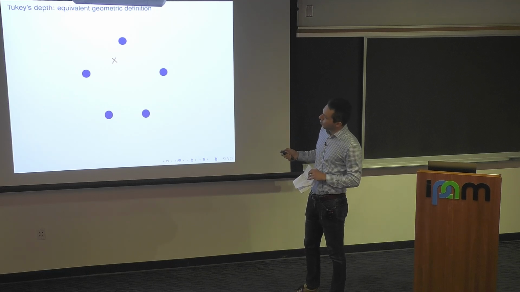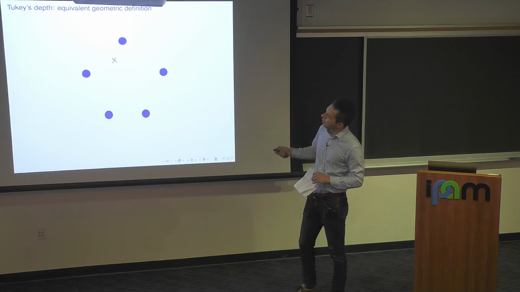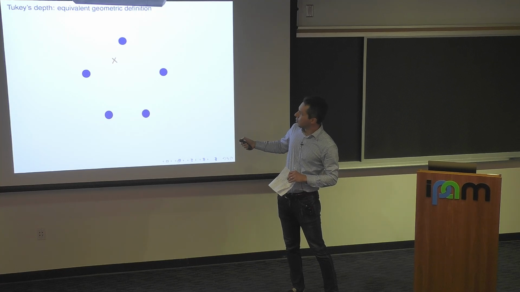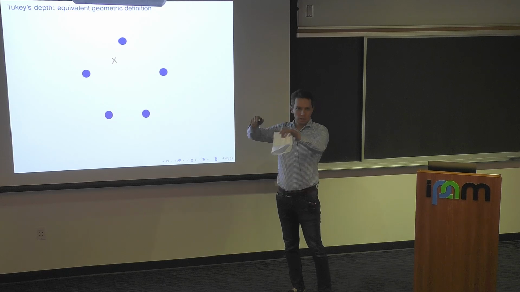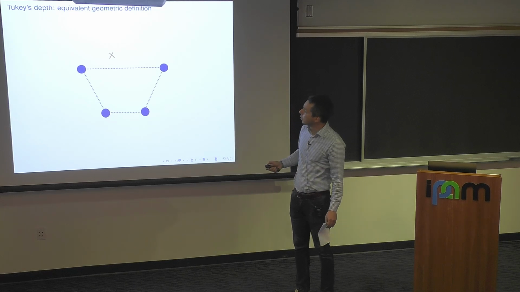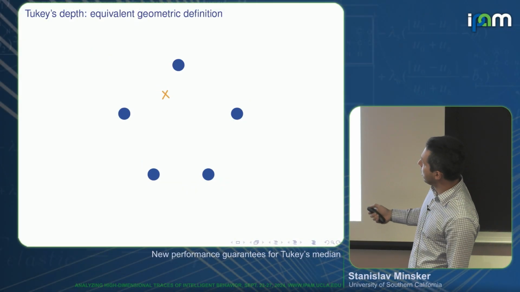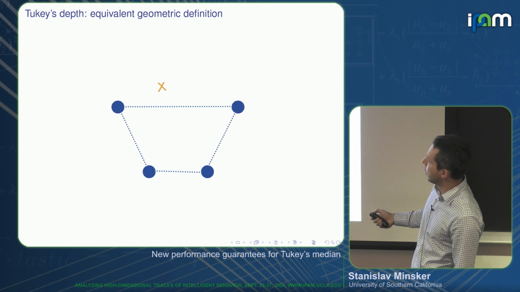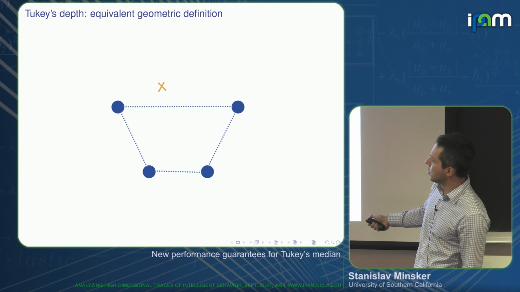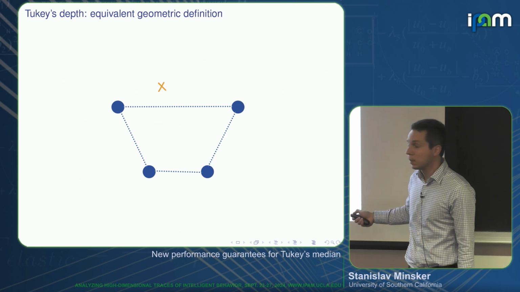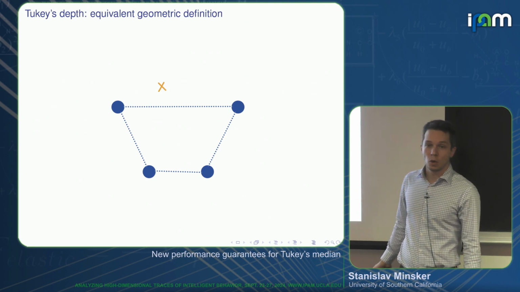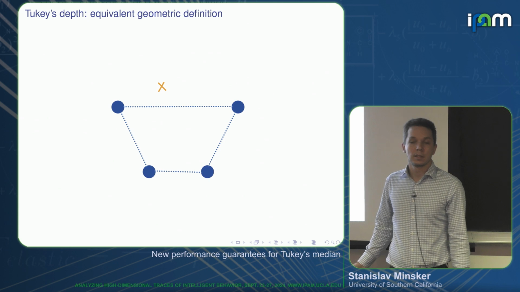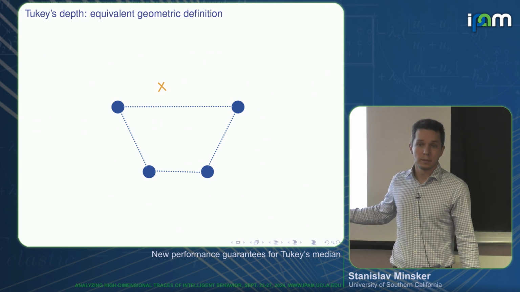And what I will do is I will try removing these circles and try to understand whether the x is now surrounded by the remaining points. So for instance, what I did here, I removed this point, and then I drew the convex hull. This is what we call the convex hull of the remaining points. And now this x is not in this convex hull, so it means that the depth of this point is 1.